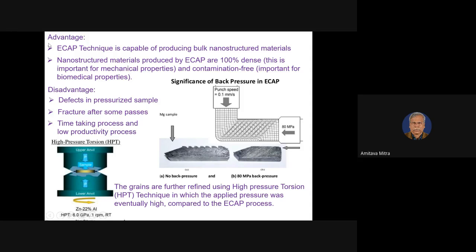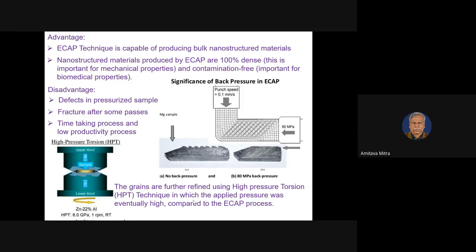Whatever refinement we got in ECAP, if we use this high pressure torsion, the grains are further refined, in which the applied pressure is eventually high compared to the ECAP process.